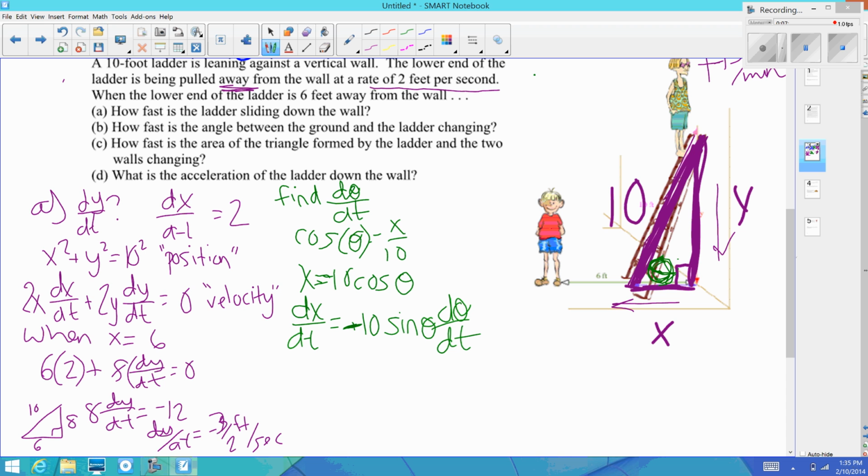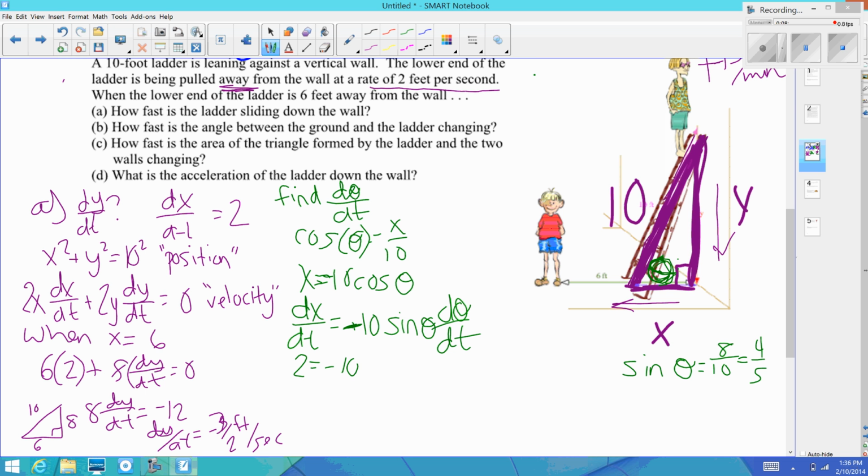So now we solve. We're trying to find dx dt. Right? What I do know is at that specific moment, sine of theta this time would be 8 over 10, or 4/5. So then I have dx dt is 2.